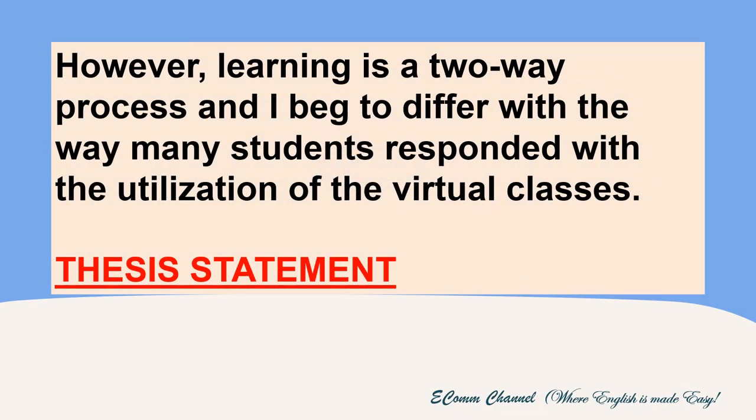The last sentence of the paragraph is the writer's thesis statement, for it contains the subject for discussion, the writer's stand, and the reason for this stand, which are the 3 parts of a thesis statement.